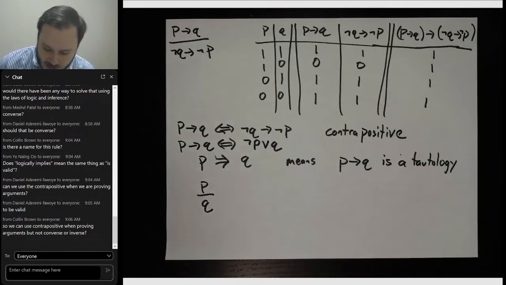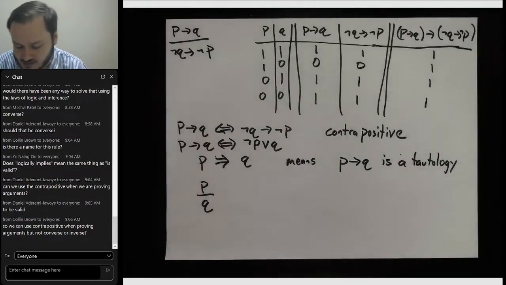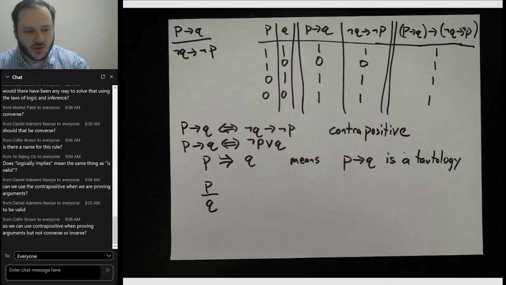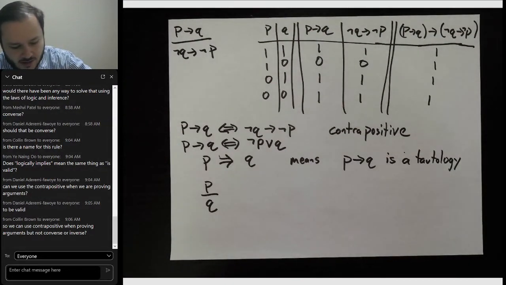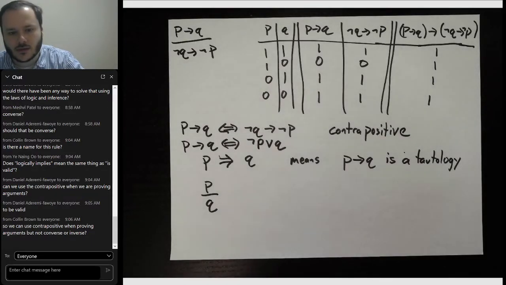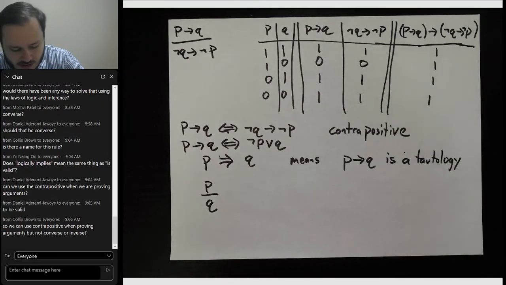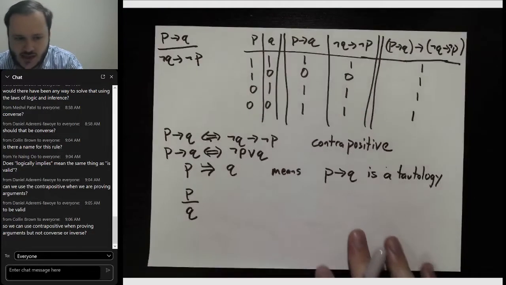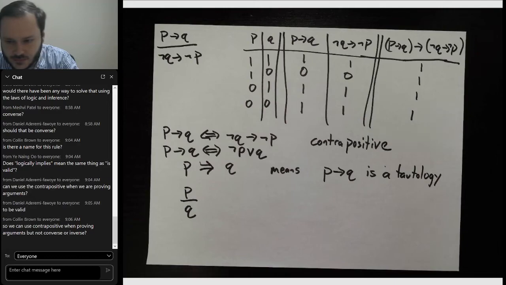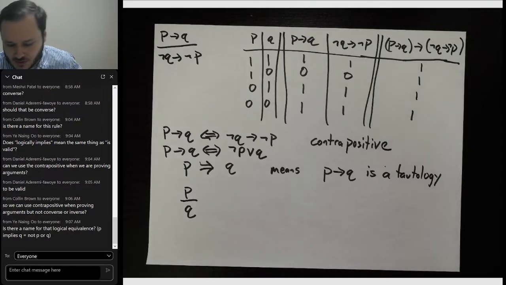Right, so you can use the contrapositive because it's logically equivalent. You cannot use the inverse or the converse because they're not logically equivalent. If you tried to use that in an argument, your argument would not be valid because you're not changing between things that are logically equivalent. Really good question. These are all good questions.